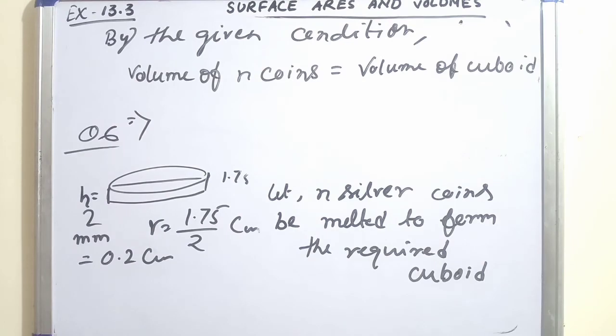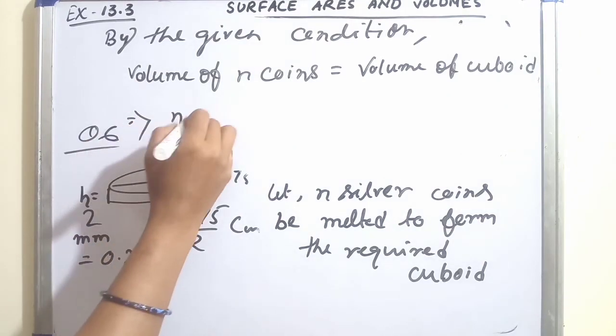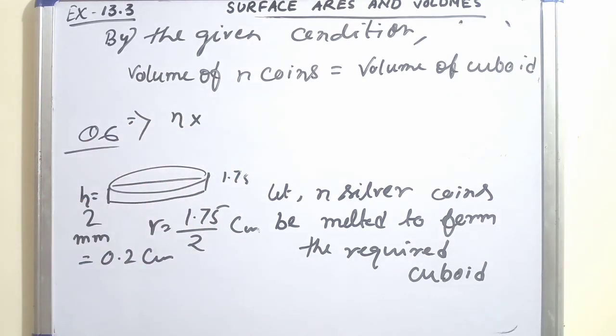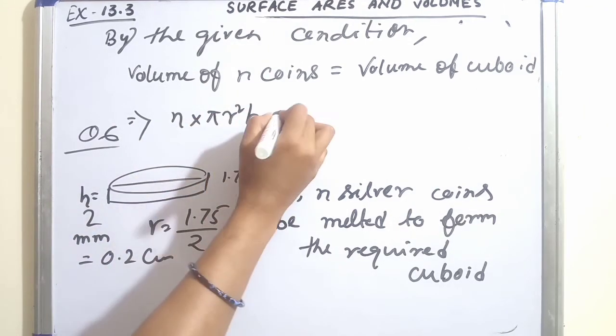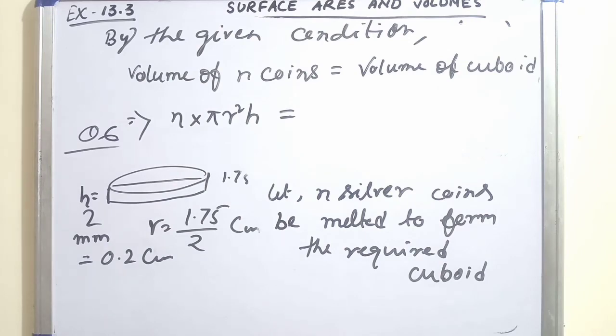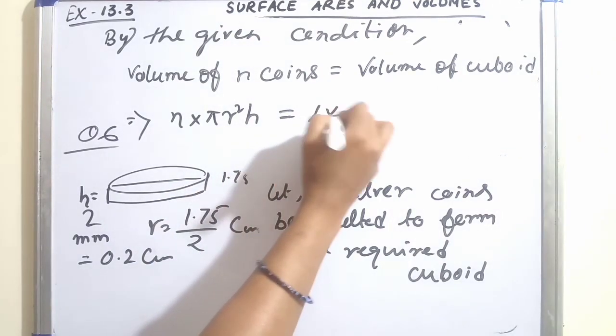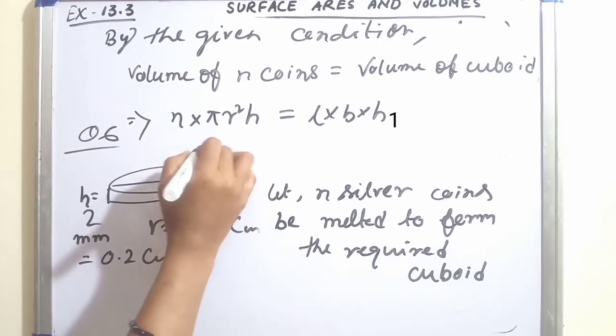This implies volume of n coins, that means n into, this is a cylindrical shape, that means pi r square h, is equal to the volume of cuboid, that means length into breadth into height.